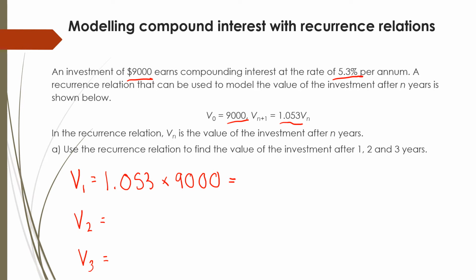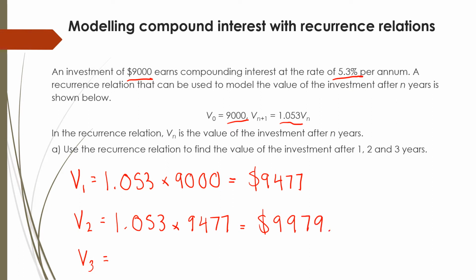All right, type that into your CAS, and what you will get is the result of 9,477. Now we can use that result to calculate V2, 1.053 times the previous term of 9,477 gives us a result of $9,979.28.